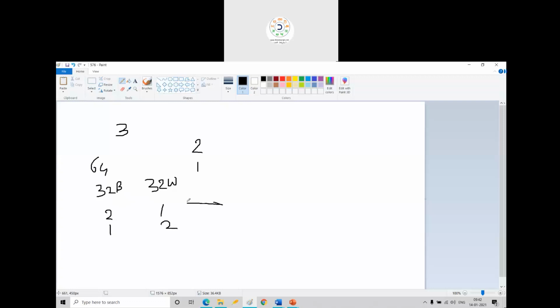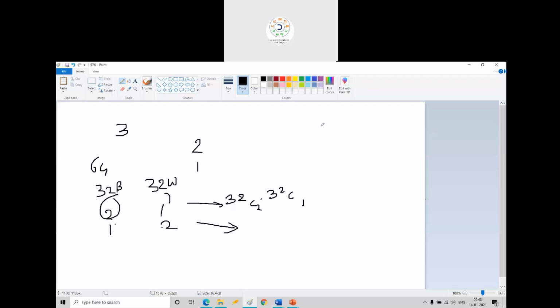From these 32 you take 2, so 32C2, and here from 32 you are taking 1, so multiplied by 32C1. Same way here also, this is going to become 32C1 multiplied by 32C2. So those are the favorable scenarios.